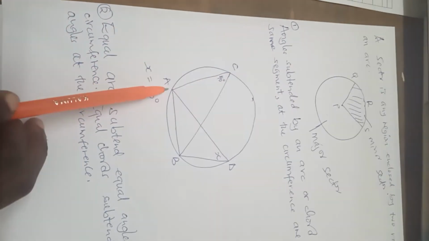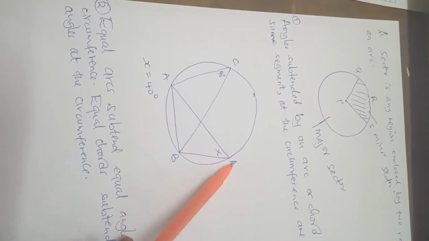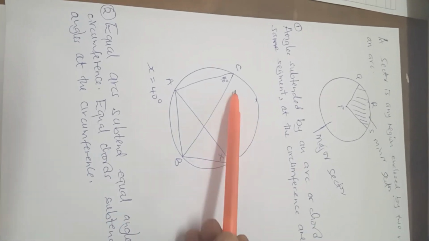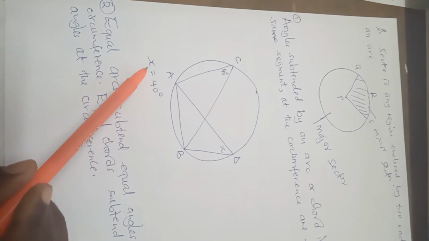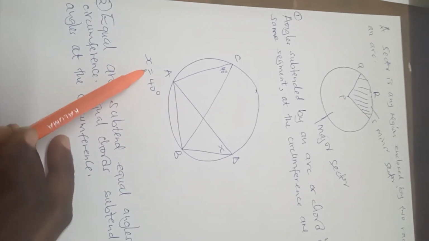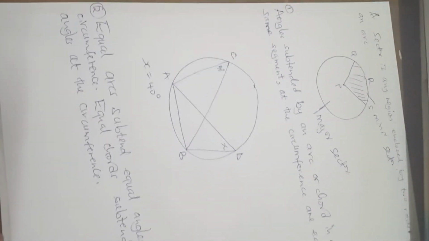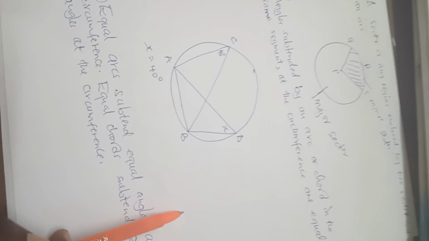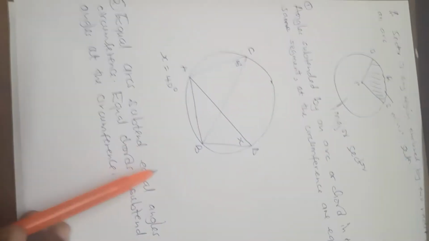And the same chord AB is subtending angle X at point D in the same segment as angle 40. So the two angles X and 40 are equal. Therefore, X is 40. That is the first property whereby angles subtended by an arc or a chord in the same segment at the circumference are equal.